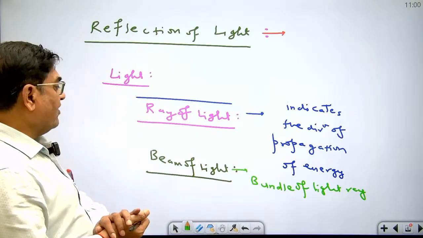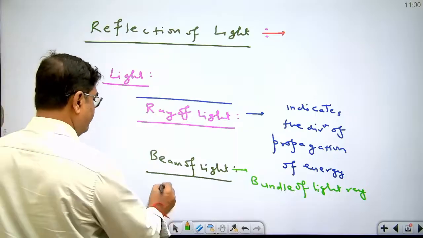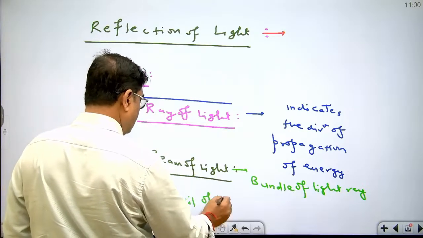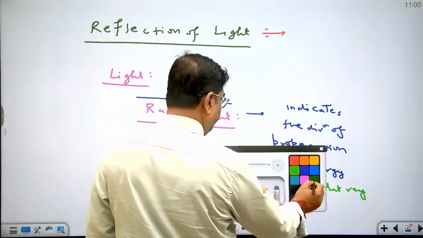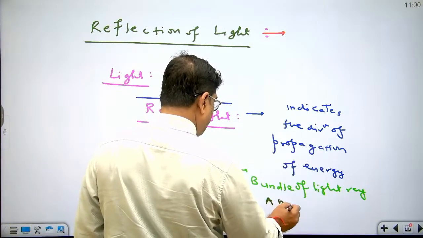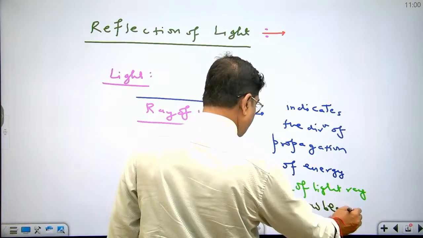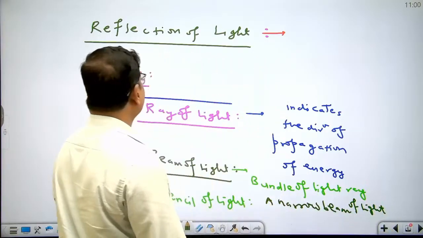And what is pencil of light? A narrow beam of light is called pencil of light. Okay.